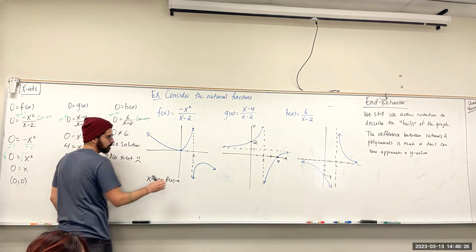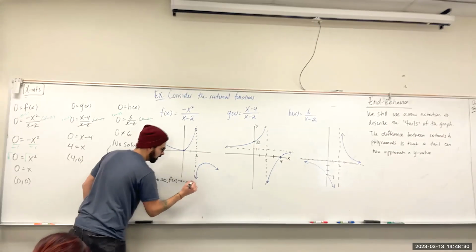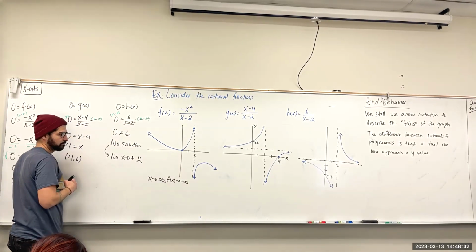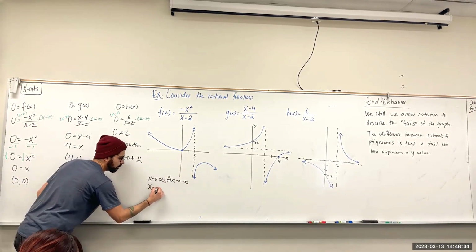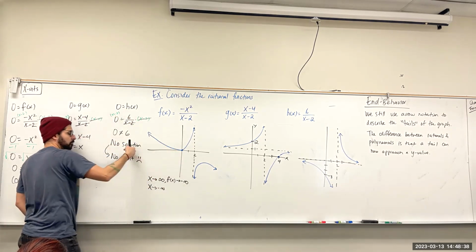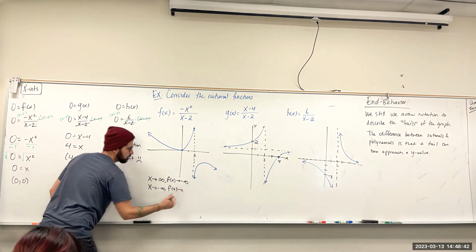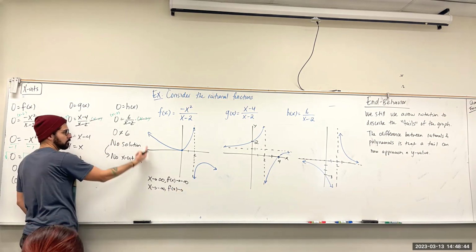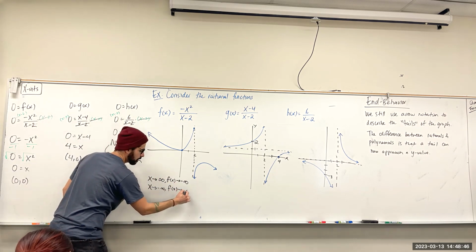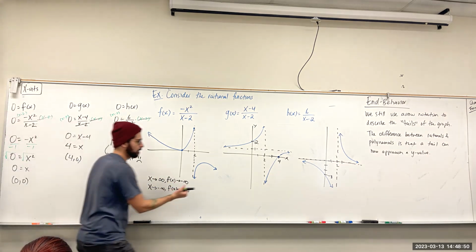They're going down. So we're going to say that it's approaching negative infinity. As x goes to negative infinity, so now we're looking at this tail, as x goes this direction, f of x is going up. Okay.